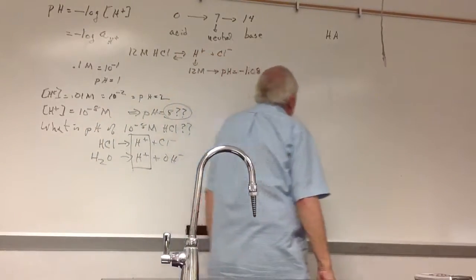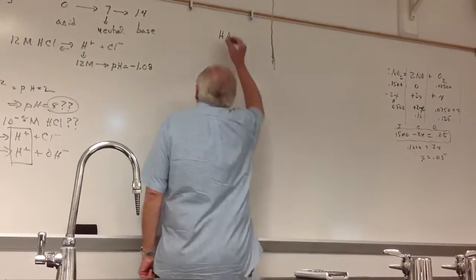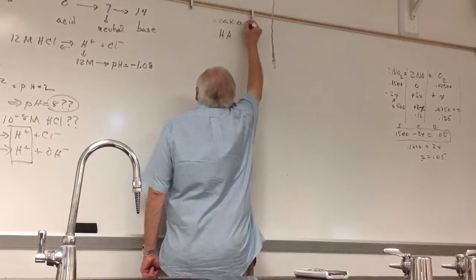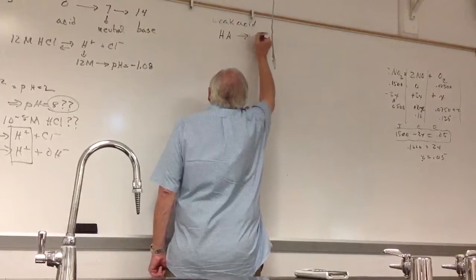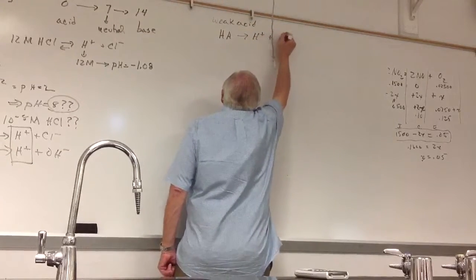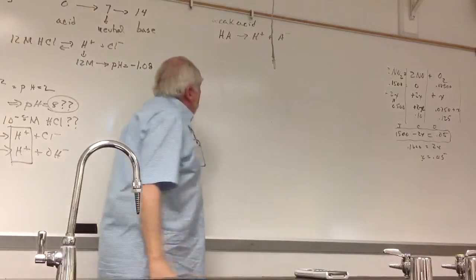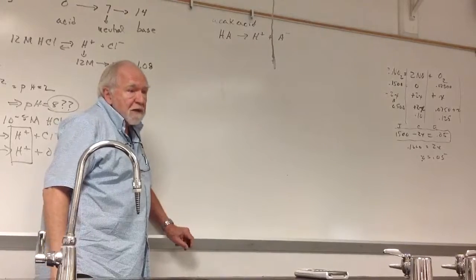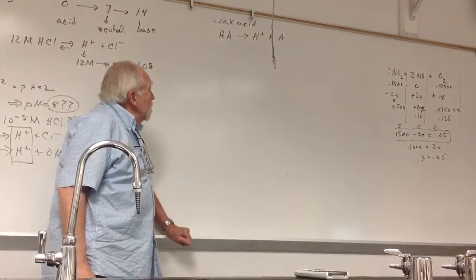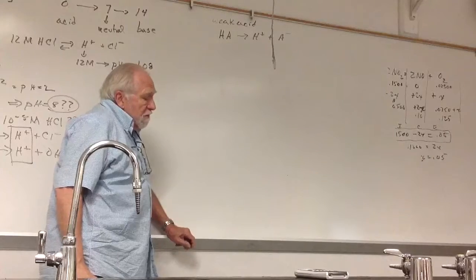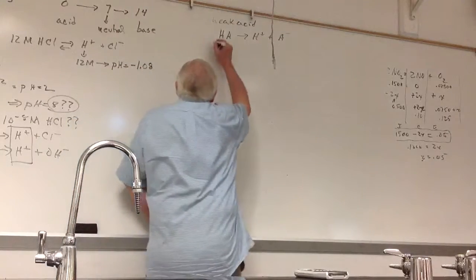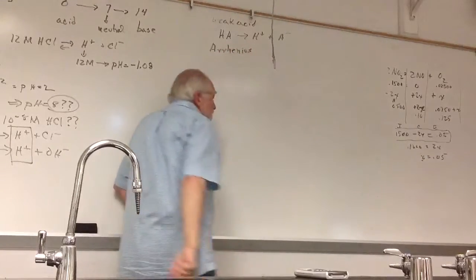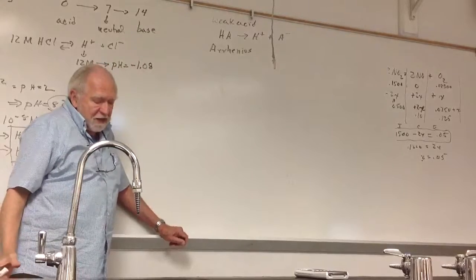Now I want to talk about a weak acid. In other words, it dissociates, but it doesn't dissociate completely. And the first person who discussed that weak acid was Arrhenius. You remember him, right? Reaction coordinates in the kinetics chapter.